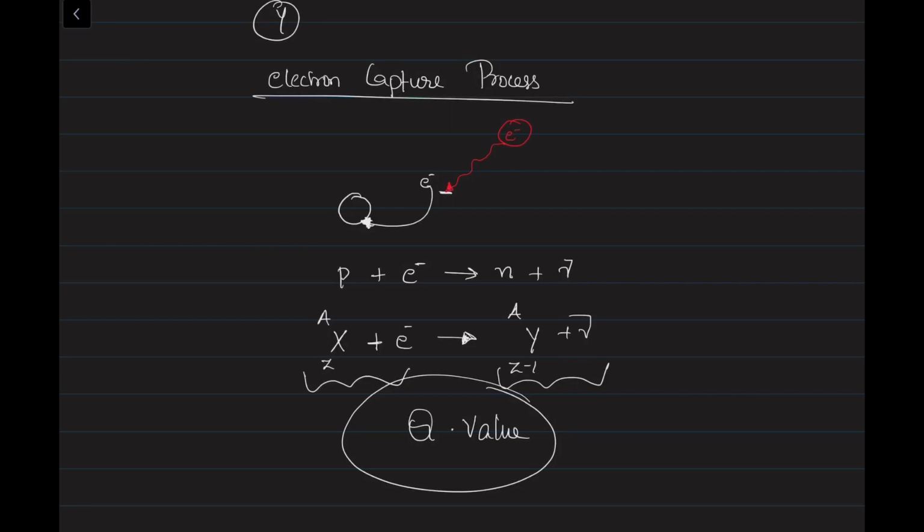What will happen during this process? Once again, a photon is emitted. That photon, that light, we call it an X-ray. So this is how X-rays come about, during such processes.